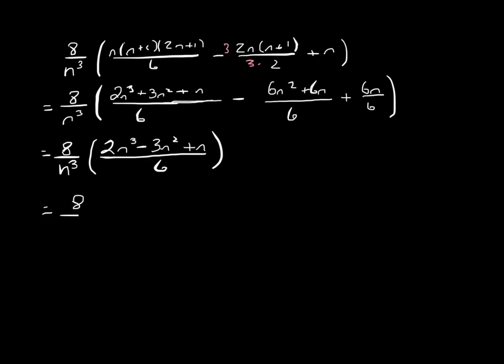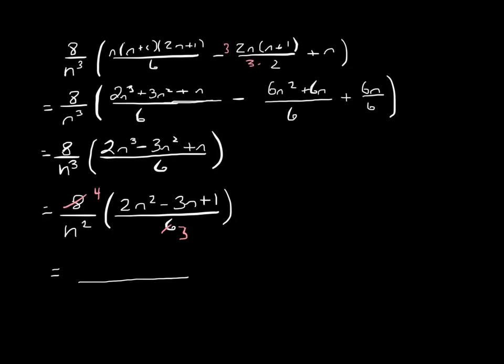So we have 8 over n squared, 2n squared minus 3n plus 1 over 6. We can simplify the 8 and the 6. And again, you can do your algebra in any way you like. 8n squared minus 12n plus 4 over 3n squared.